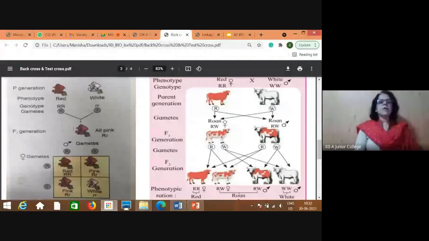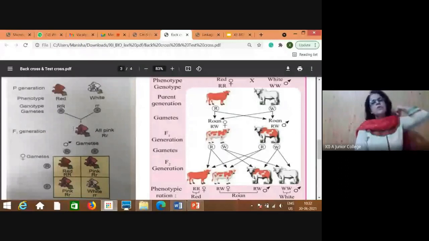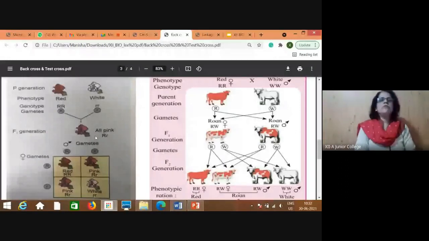When these two plants, one with red colored flower and the other with white colored flower, are crossed, the resultant progeny in F1 was expected to be all red as per Mendel's law, but that is not observed. What is observed is that all the flowers in the F1 progeny were pink colored.